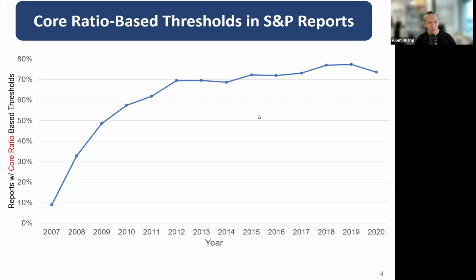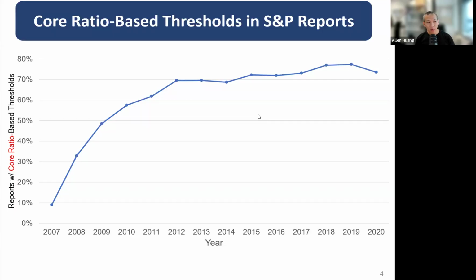This is a graph based on the percentage of reports that contain what we looked at before, the core ratios-based thresholds in S&P reports, which is what we use in our study here. As you can see, in the beginning of our sample period, around 2007, 2008, there were very few reports, less than 10% in 2007, that actually contained these financial ratio thresholds.